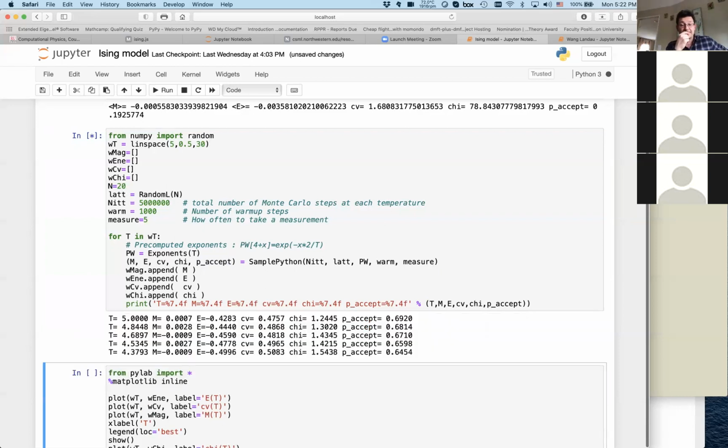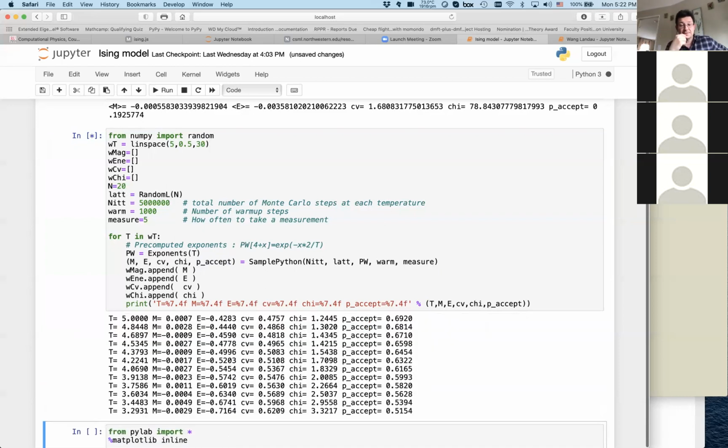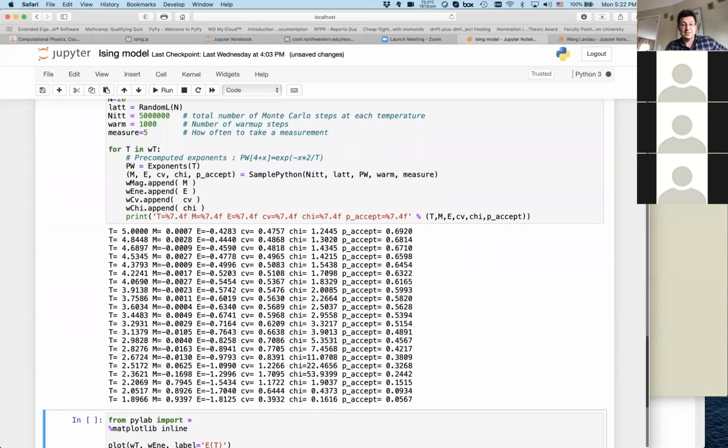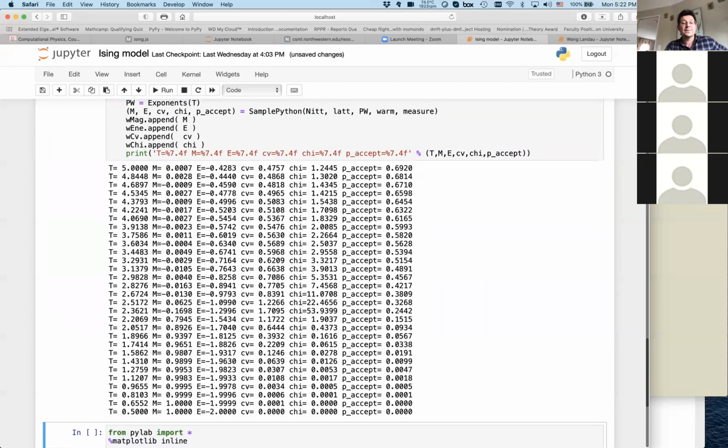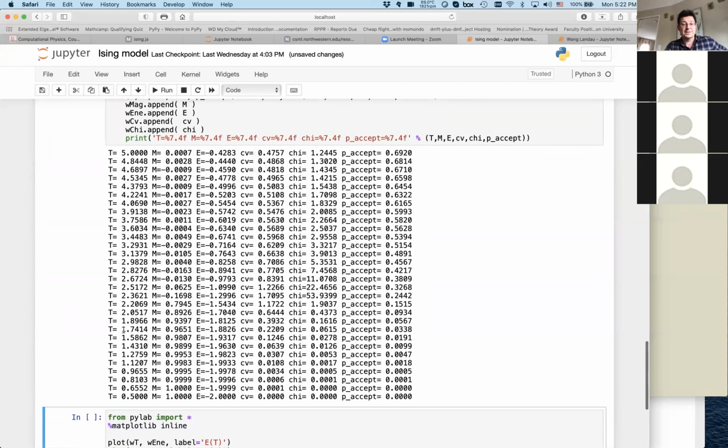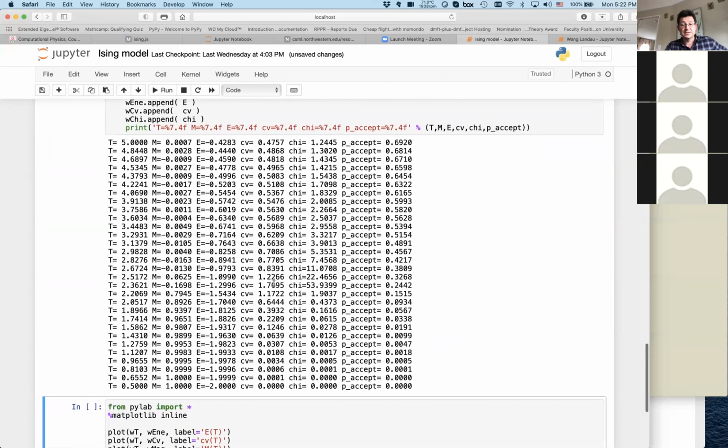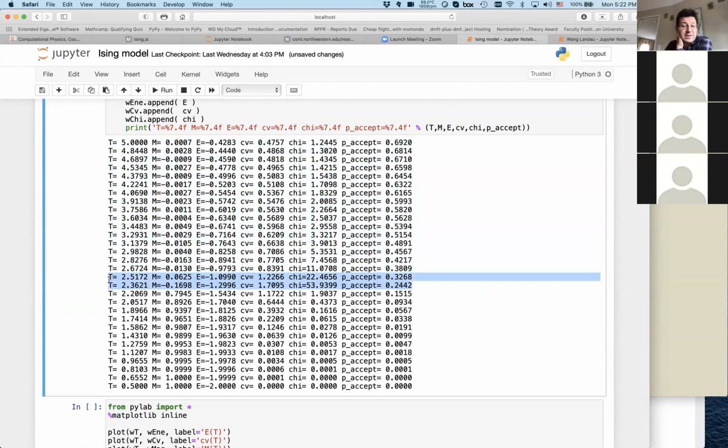So let me run this. You see this code is relatively fast. We have 30 steps already done between 5 and 0.5, and as we see, at the transition temperature around 2.2 the acceptance probability is of the order of 20%, as we saw before. Of course, when the temperature is very low, the acceptance rate is also very small.